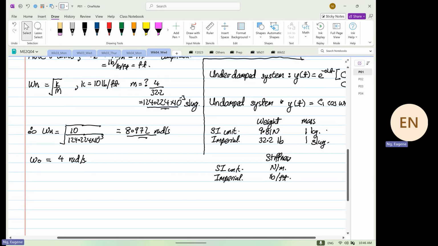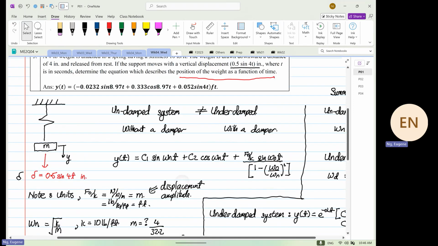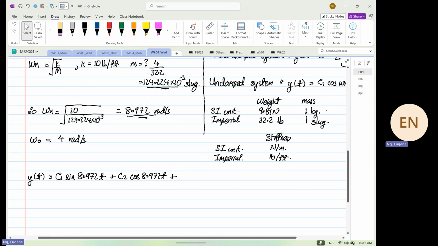Finally, you can write out the expression y as a function of time. This will be equal to C1 sine omega n t, which is 8.972 t, plus C2 cos 8.972 t, and then plus F naught over K, which is your displacement amplitude. So this is equal to 0.5 divided by 12.